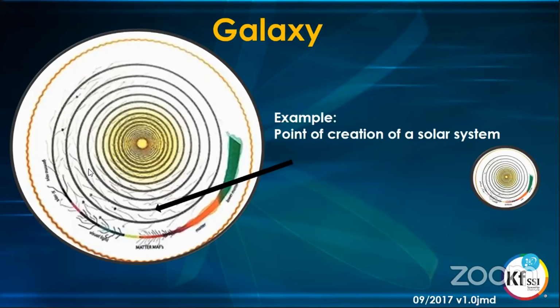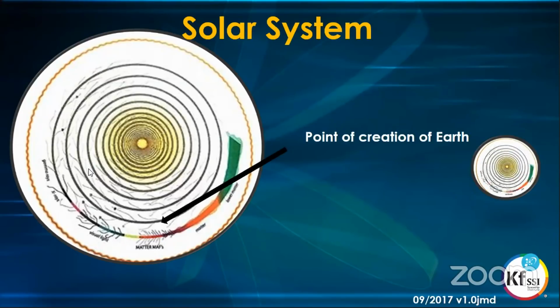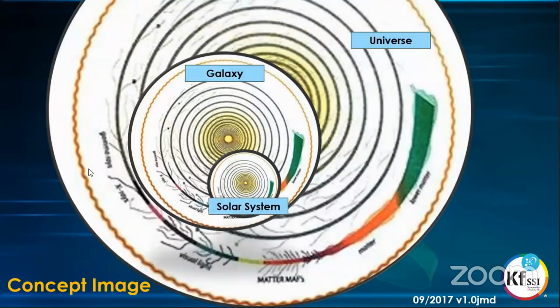So we can now take that galaxy, and when we go at a different strength within that galaxy, we get the creation of a solar system at a certain point in that galaxy, a certain field strength. And within that solar system's field strength, it leads to the creation of what we have as Earth. So as you can see, the one is just a larger reflection of the other, or a smaller reflection of the other.